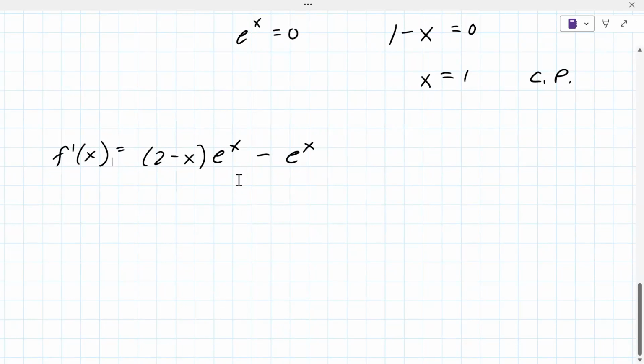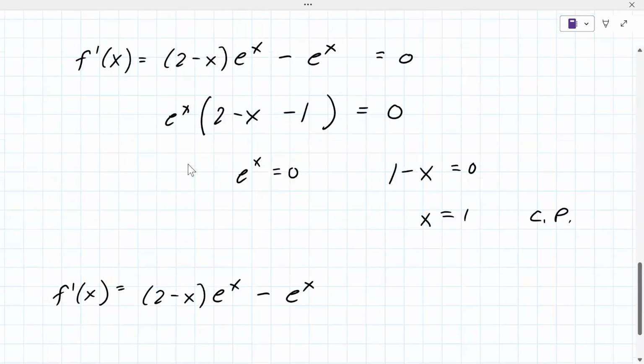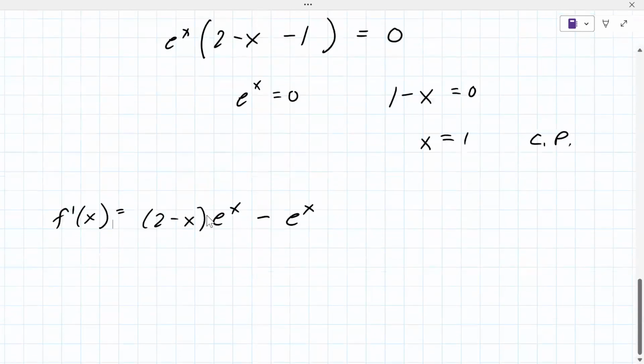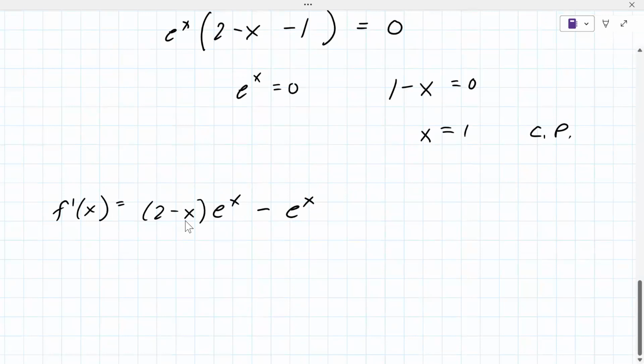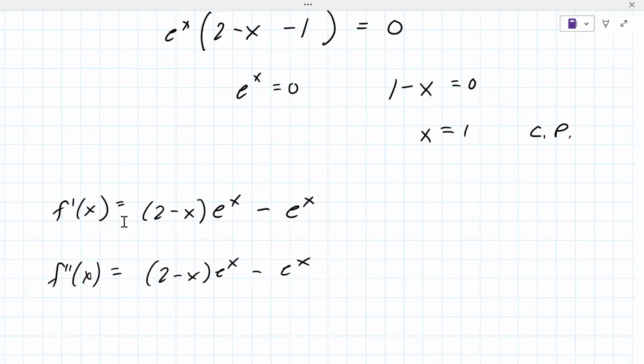But sometimes students don't see that, you just go back to, okay, it's product rule, and you do the same thing again. But if you look back, the original 2 minus x times e^x, we already have the derivative of this. The derivative of the first one is everything you see there. So that comes from this first part minus the derivative of e^x, which is e^x. If you don't like that or it didn't make sense, you just take your derivatives as usual.